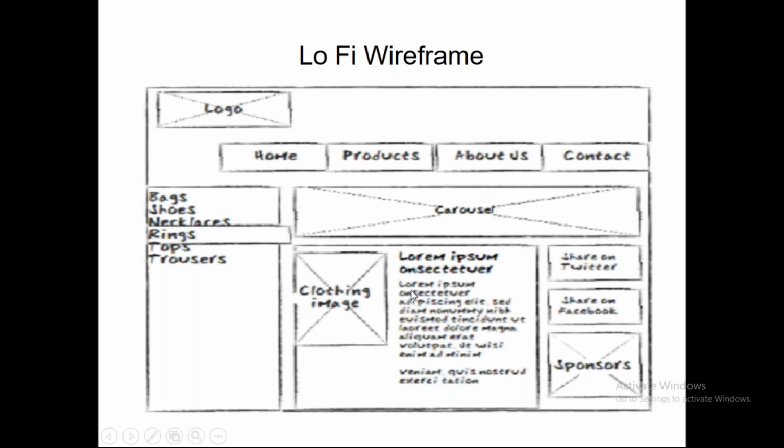Obviously the placeholder image and the placeholder text, and share on Twitter, share on Facebook. So if you like the content out here, you can share on Twitter or Facebook, and the sponsor for this particular website. So this is the layout that gives the initial understanding of how a web page is going to look.